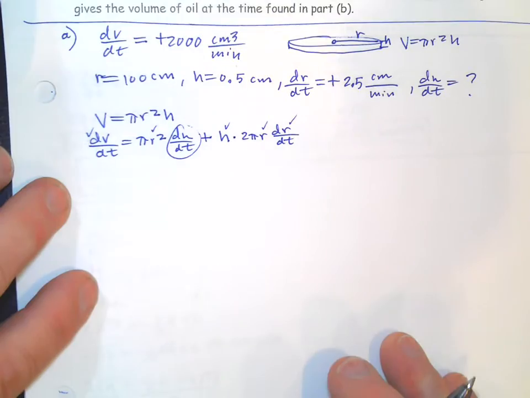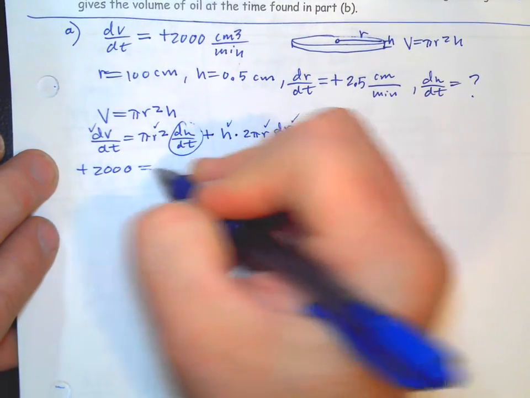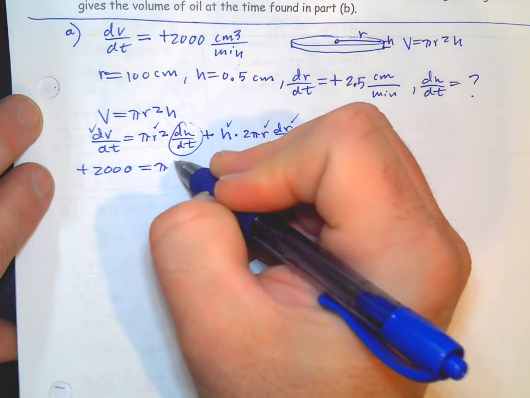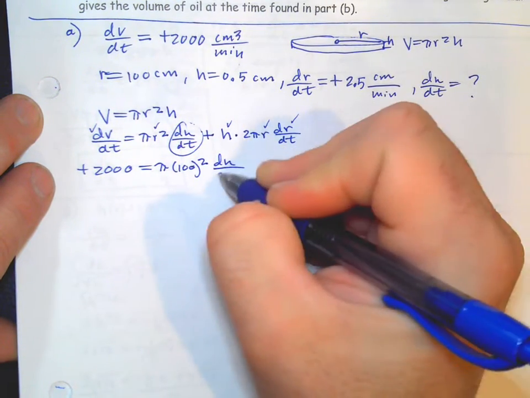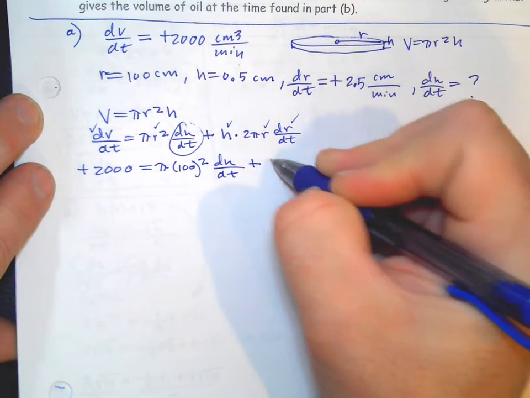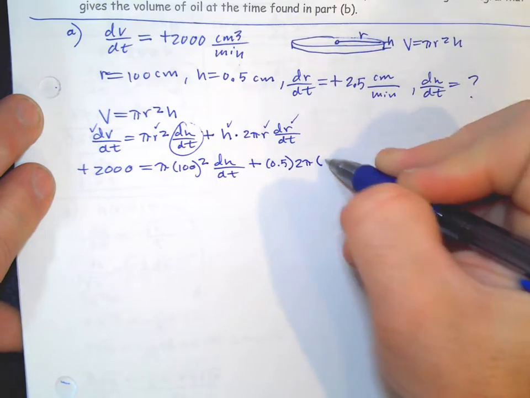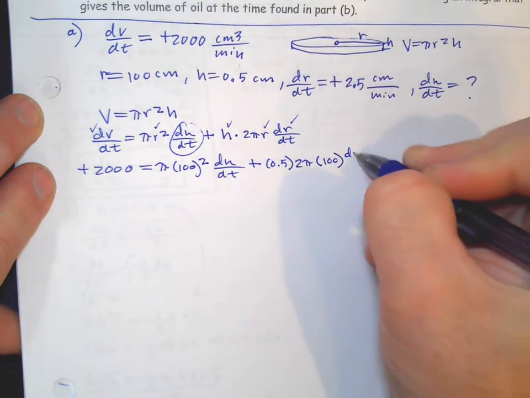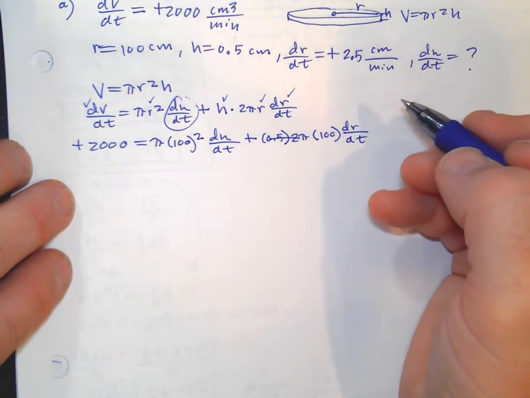So we have everything. Positive 2,000 equals pi times r, which is 100, squared, times dh/dt, plus h, which is 0.5, times 2 pi r, which is 100, times dr/dt.